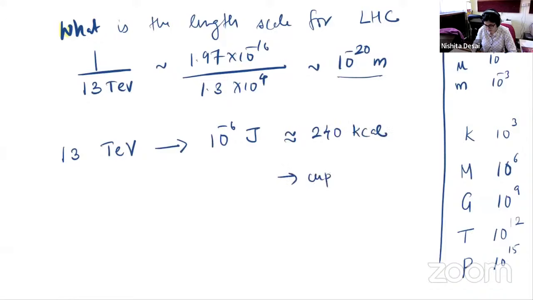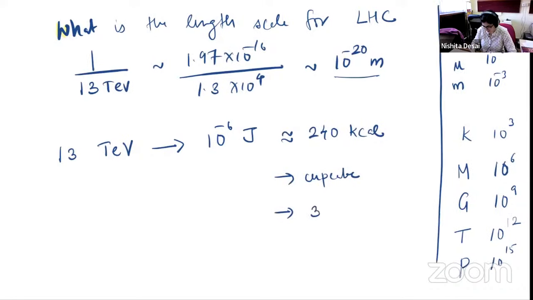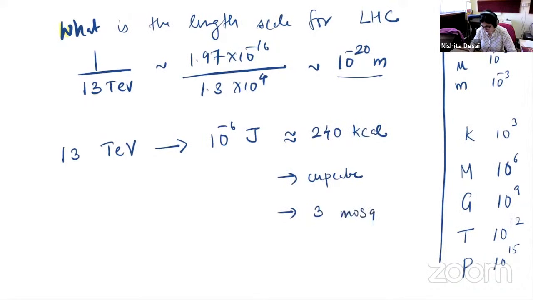That's about the energy in a cupcake, or very popularly the CERN website advertises it as the energy of 3 mosquitoes. If you take 3 mosquitoes and convert all the mass of the mosquito into energy, that is how much the collision energy of the LHC would be. The main thing you have to realize is that all of this is squeezed into a very, very, very tiny area. So it's very high energy density, even though it's not very high energy per se.